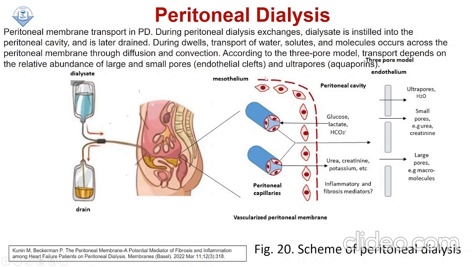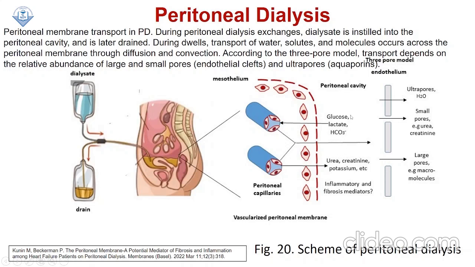And these are cells, mesothelium cells, which play the role of a membrane. On one side we have the peritoneal cavity, on another side peritoneal capillaries. And in the capillaries, in the bloodstream, we have toxic substances which move to the peritoneal cavity.